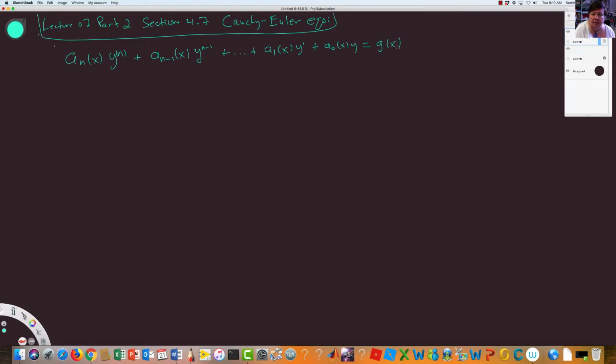This is our most general equation, where these are functions of x.